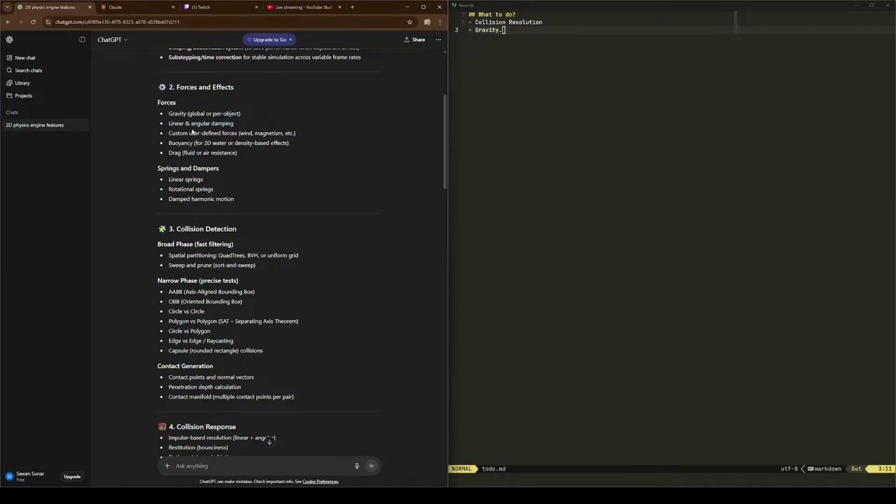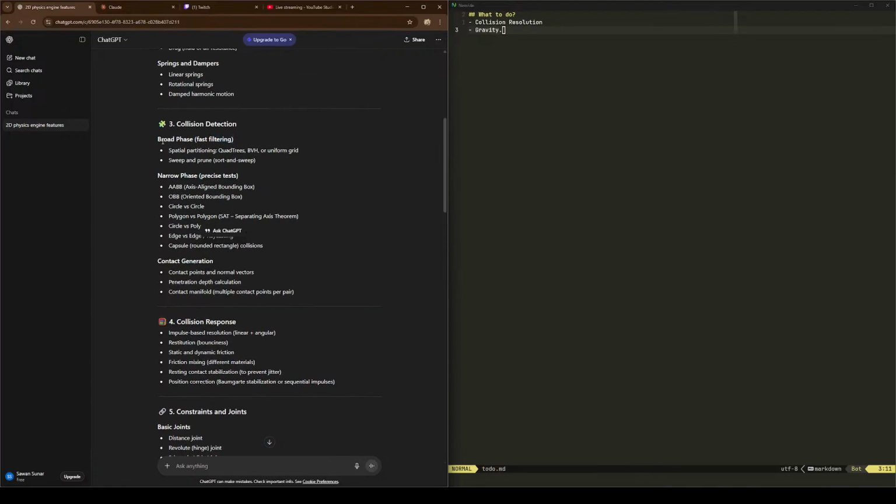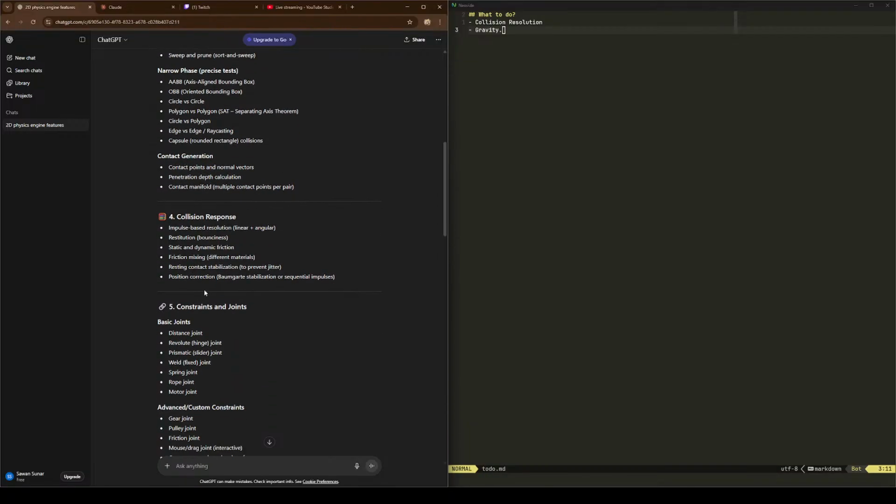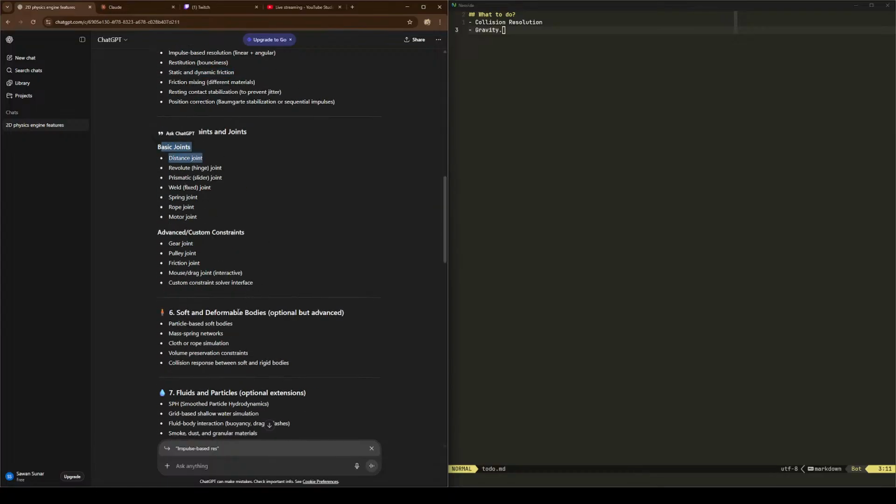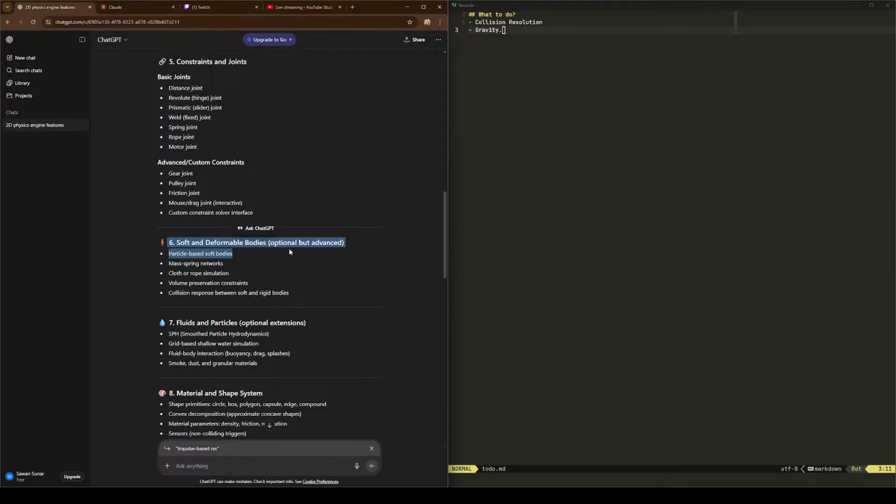Gravity, linear and angular damping, buoyancy, linear spring. Spring will be much later. Broad phase, this is narrow phase. Oriented bounding box. Contact generation: contact points, normal vectors, penetration. Collision response. Static and dynamic, soft and deformable body types, right?